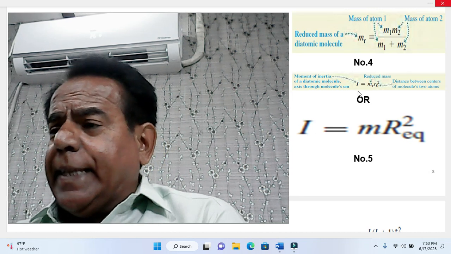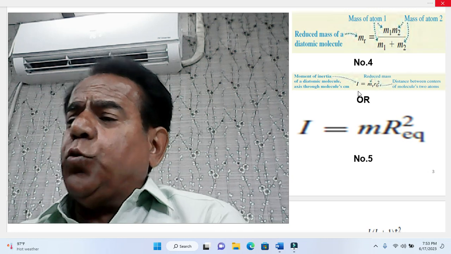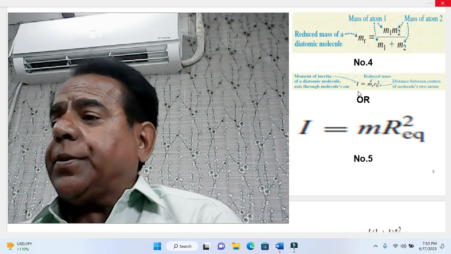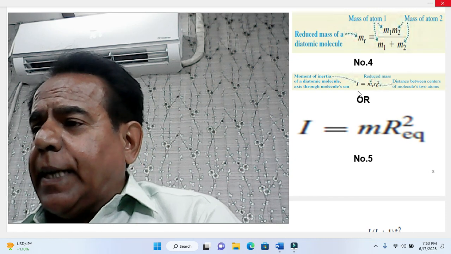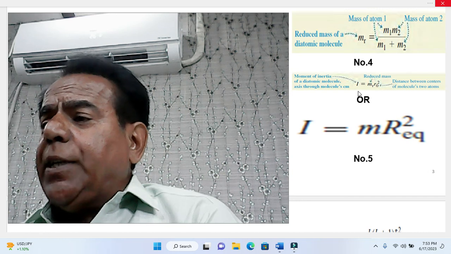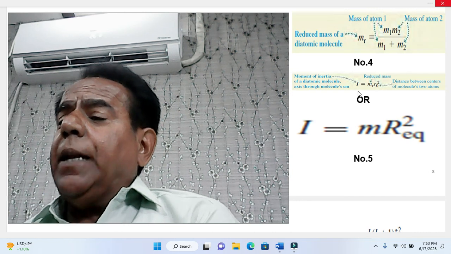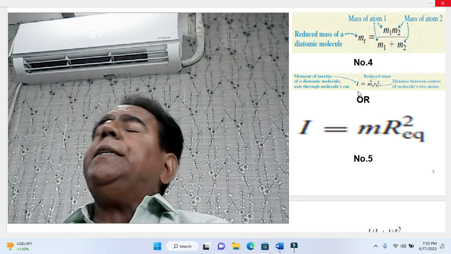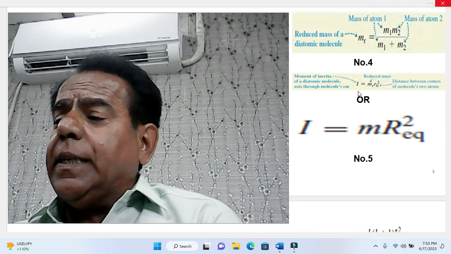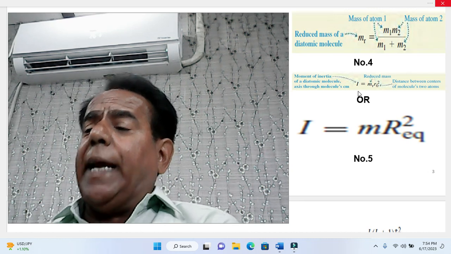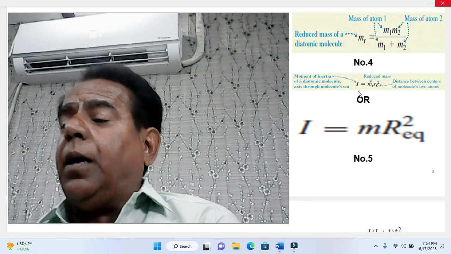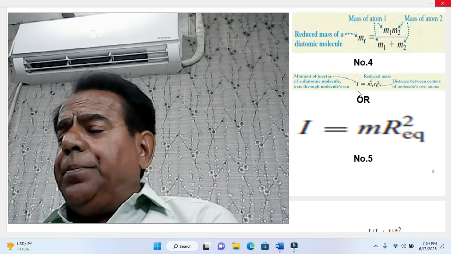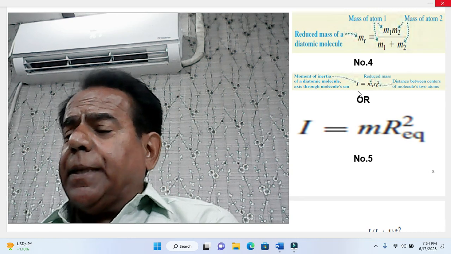Similarly, in the first case the symbol R_0 is used, which denotes the distance between the centers of the molecule's two atoms, while in the alternate version, in place of R_0, R_eq is used, where EQ, that is equilibrium, has been written as a subscript of capital R. Here R stands for equilibrium separation distance.